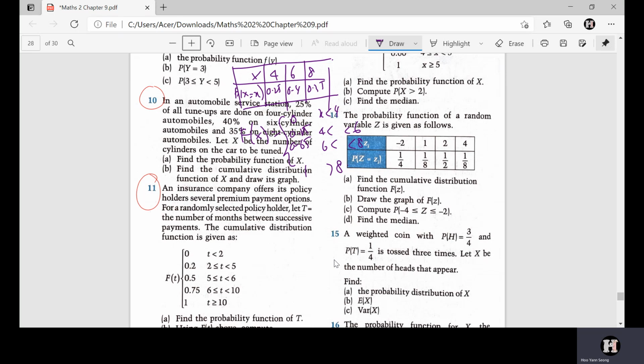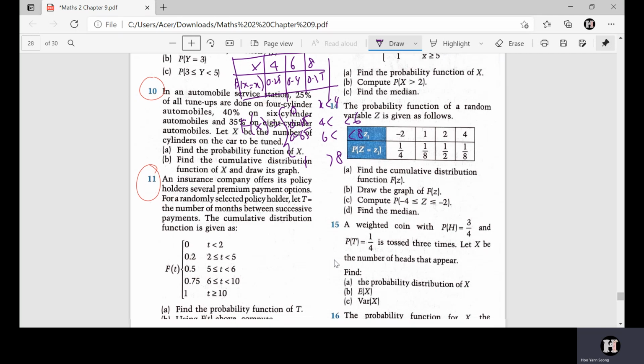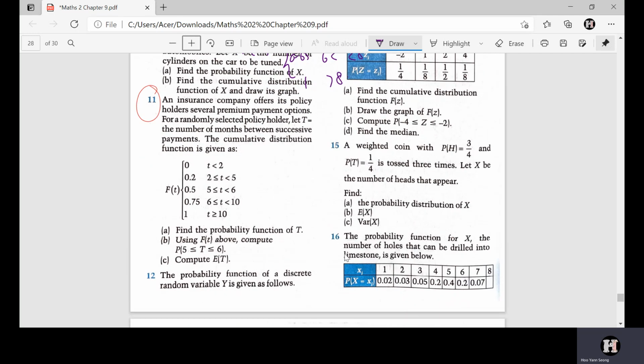How to draw the graph, you can see from the previous one. And over here, this one actually has an equal sign. Next, an insurance company offers its policyholders T, the number of months of successful payment, and the cumulative distribution is this one.